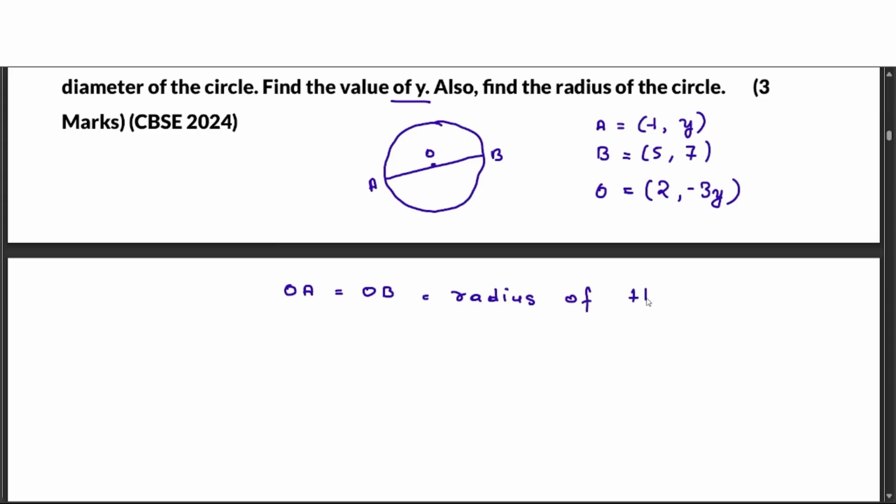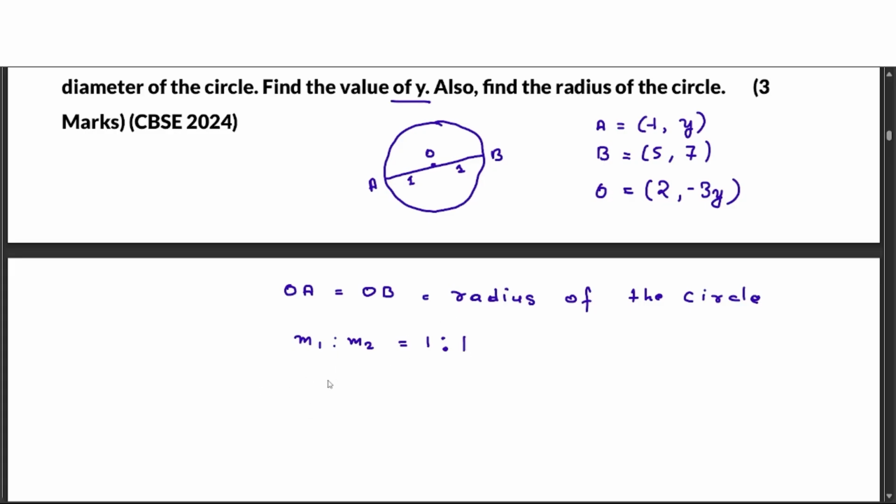Now which means this point is dividing the line, m1 is 1 and m2 is equal to 1. Okay, now after that we can say m1 is to m2 is equal to 1 is to 1.